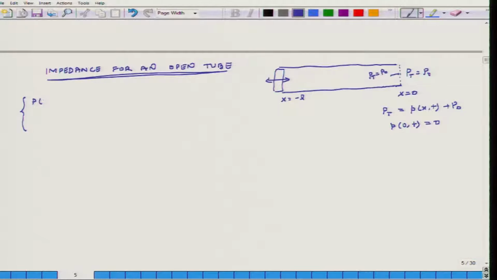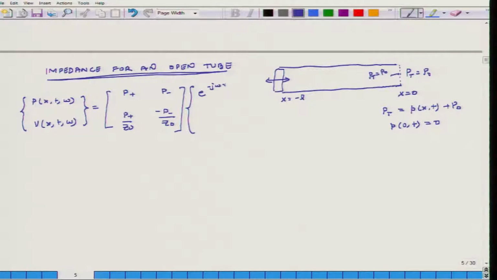Here capital P and capital U are complex pressure and complex velocity: P plus and P negative, P plus minus P negative over Z naught, e to the minus j omega x over c, e to the j omega x over c, e to the j omega t.